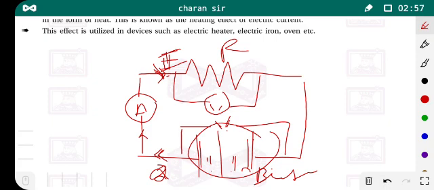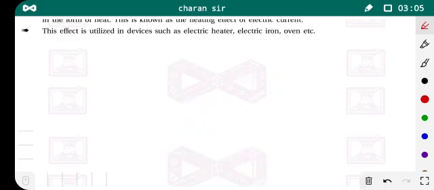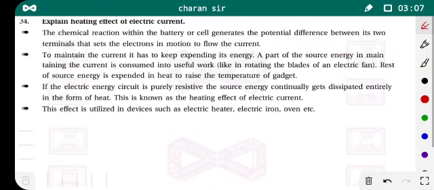In short, the battery or whatever source we use expends its energy for the flow of electric current. So our question is based on this concept. To maintain the current, the source keeps expending its energy.